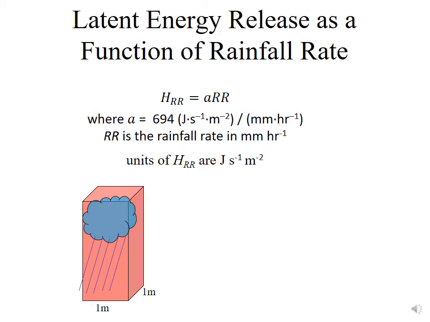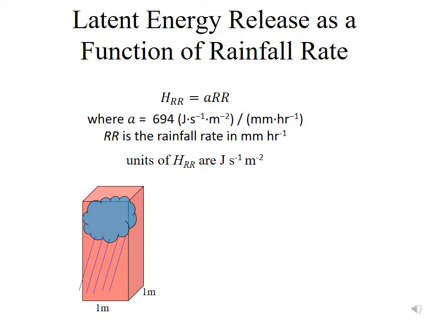And we've done this calculation before, but now we're relating the latent heat release in this column, instead of being due strictly to the condensation, strictly to the rainfall rate. Because as that rain falls out, there's no way for that liquid water to evaporate, which means that you won't have the exchange of energy back into the latent heat energy.